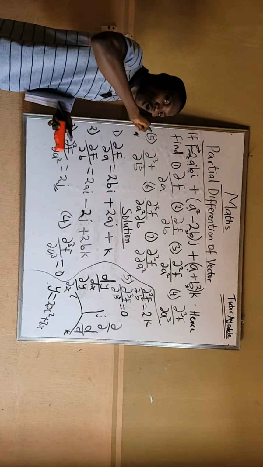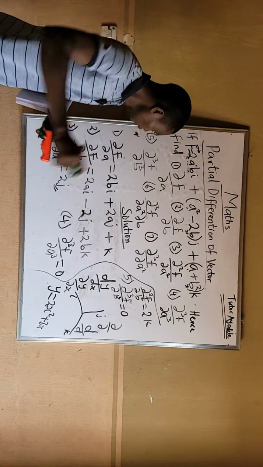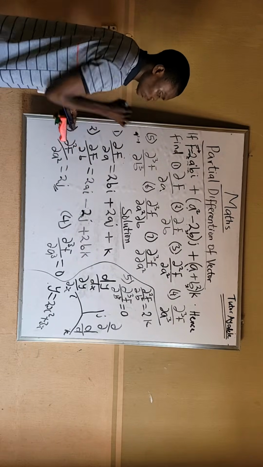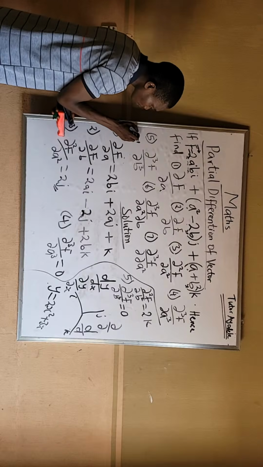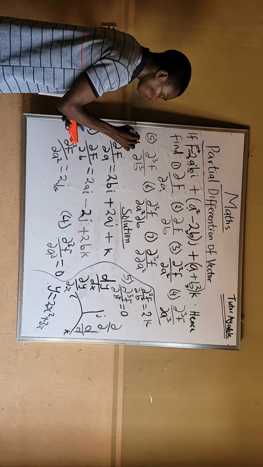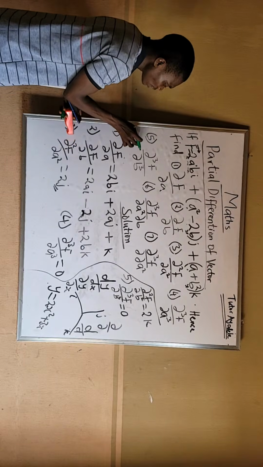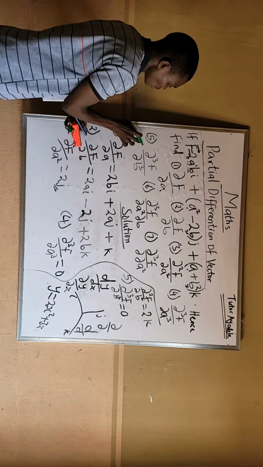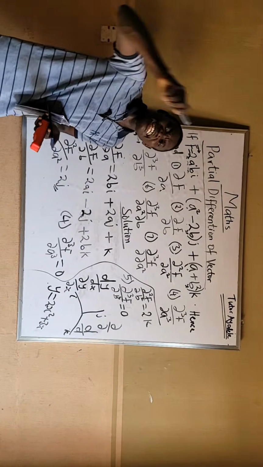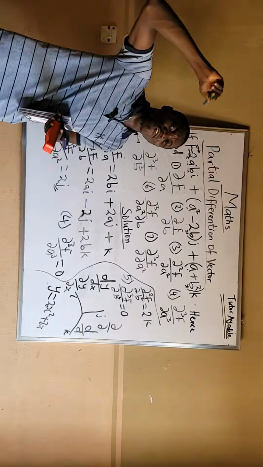Whenever you are differentiating, always subtract what? 1. So when I use 1 to multiply it, which is the power, I will then subtract 1. So this will be a raised to the power of 1 minus 1. And 1 minus 1 will be what? 0. So this will be a raised to the power of 0, and a raised to the power of 0, take note of this thing, any number or any variable.